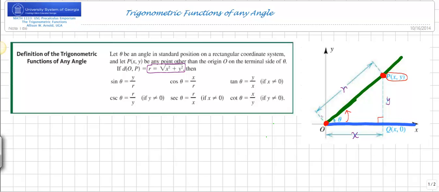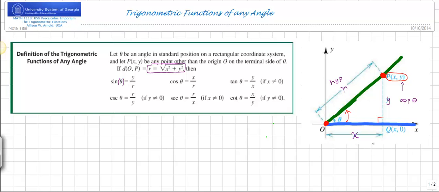Now our definitions will be phrased in this manner. The sine of the angle theta will be the y coordinate of this point divided by the length we call r. That is consistent with our right triangle definition if a right triangle is what we're looking at.